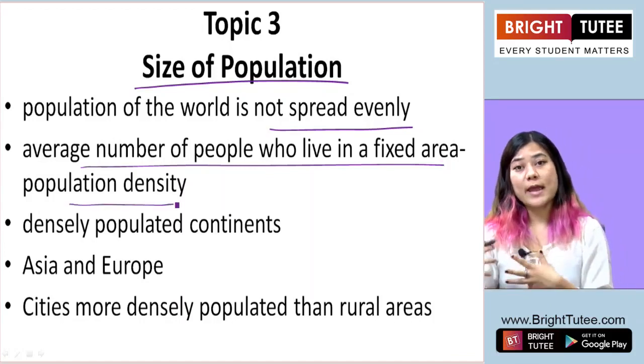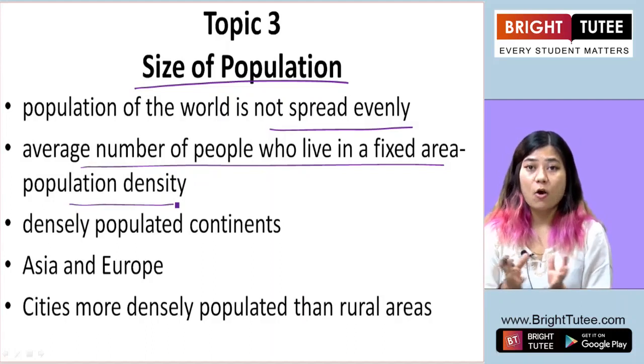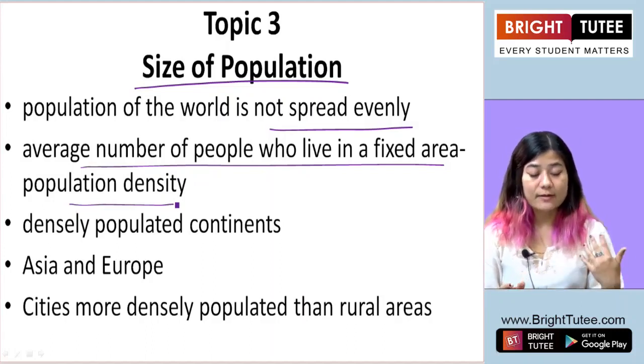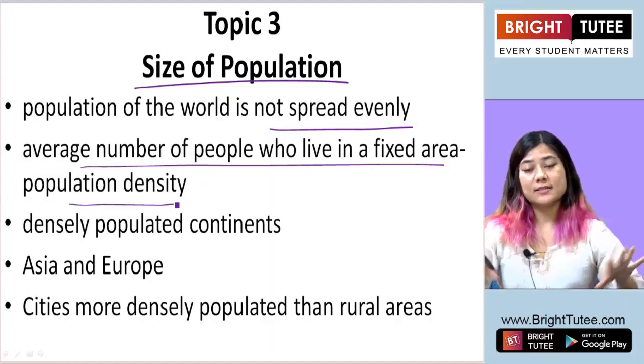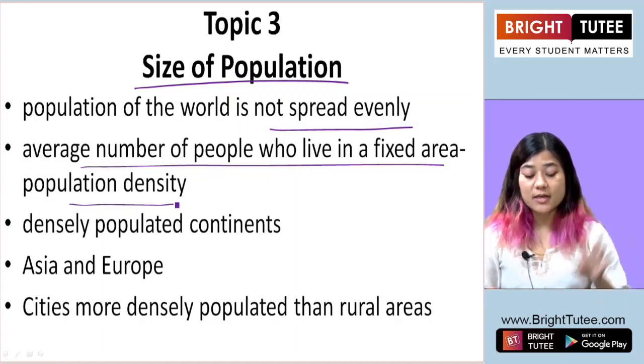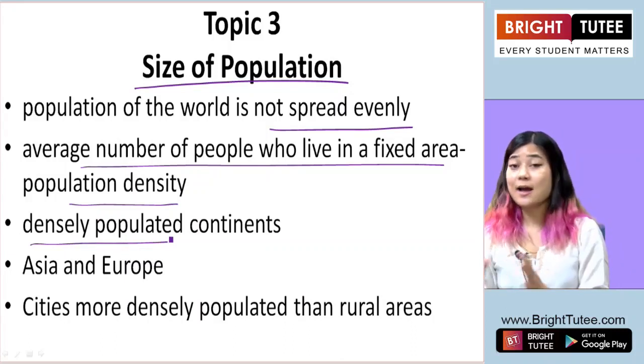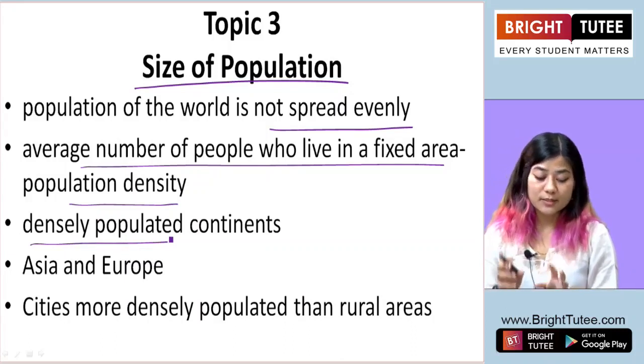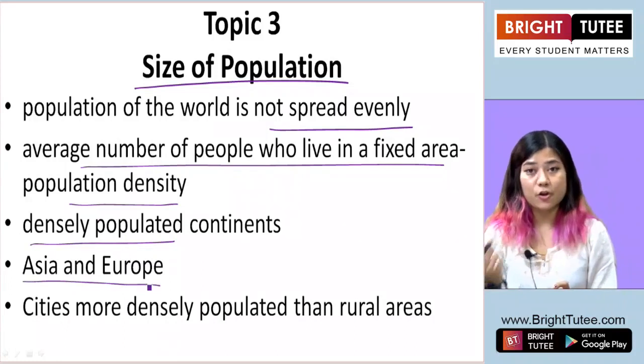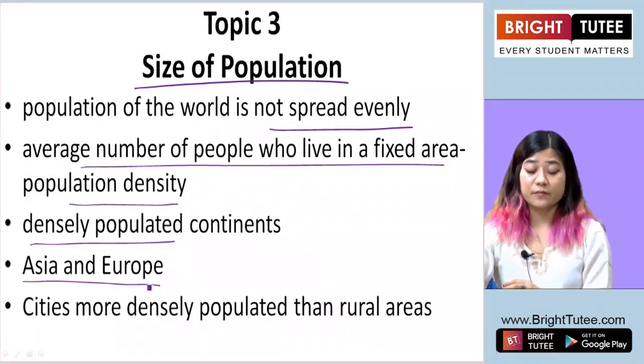That also helps us understand the size of the population. If you look at all the 7 continents of the world, some continents are densely populated while other continents are not. The densely populated continents are Asia and Europe. India is part of the continent of Asia.